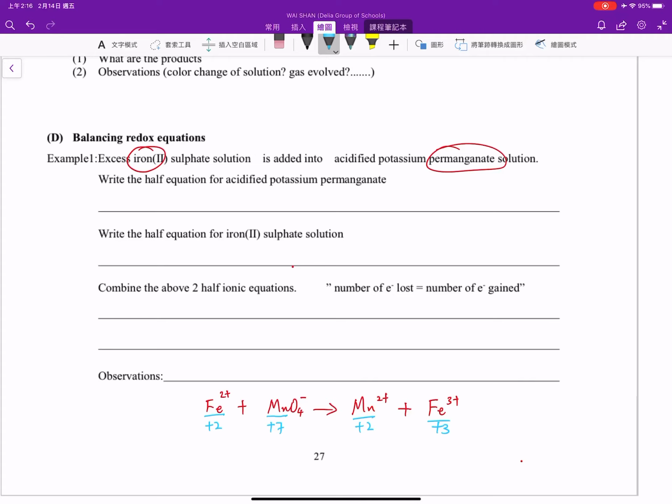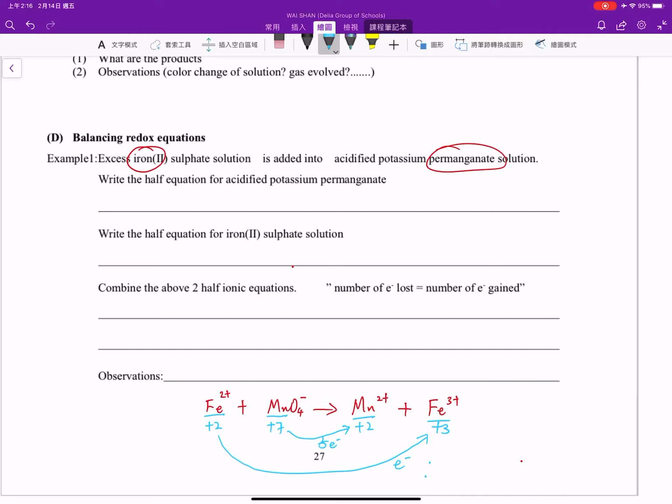So for the change of oxidation number in manganese, it decreased by 5. If it decreased by 5, then we know that 5 electrons are involved in that half ionic equation. For iron, it increases from +2 to +3. Then we know that in that half ionic equation, only 1 electron is involved.